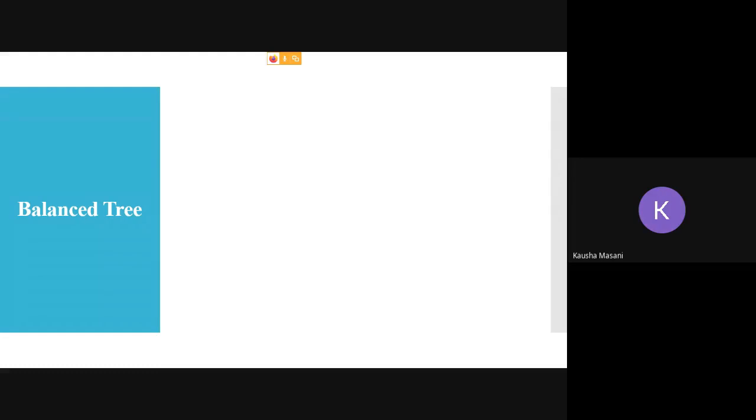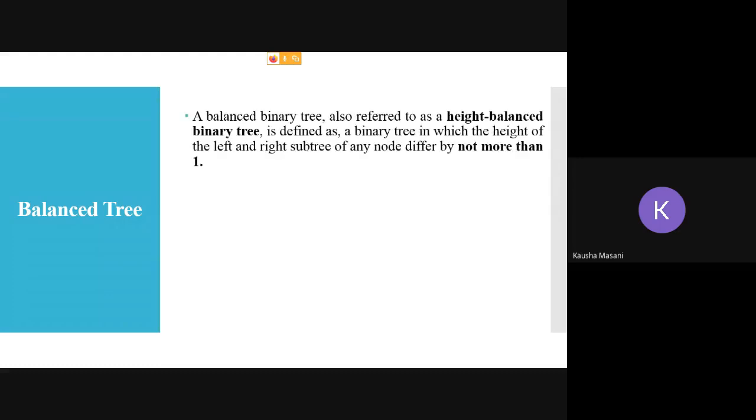Yep. Right. See, when we are talking about balance trees, the height comes into the picture. Okay. So your balance trees, or you can say your balanced binary tree, are actually referred as your height balanced binary tree.